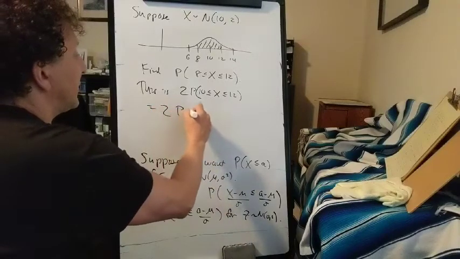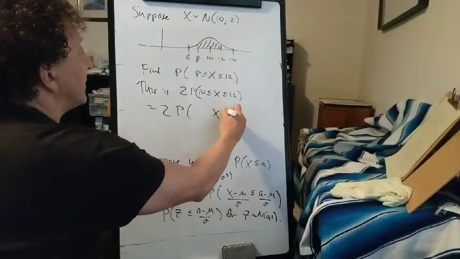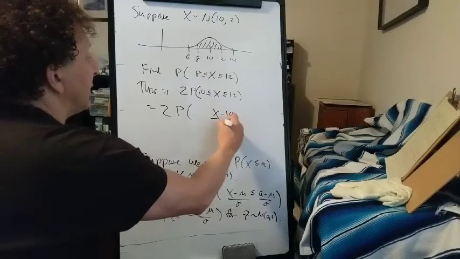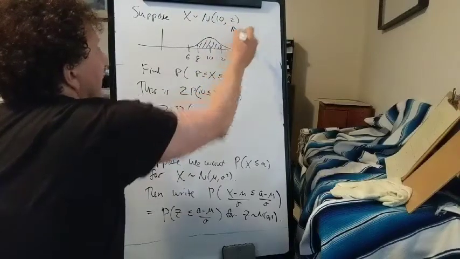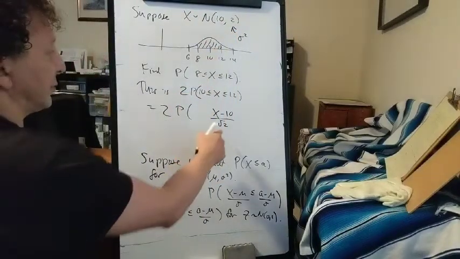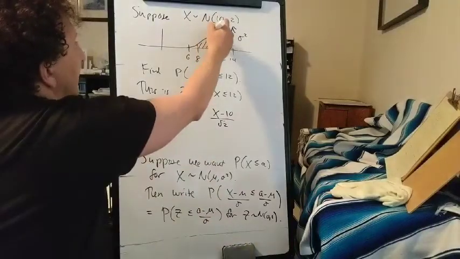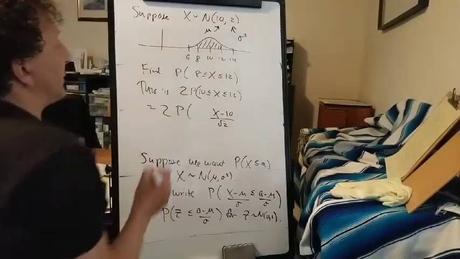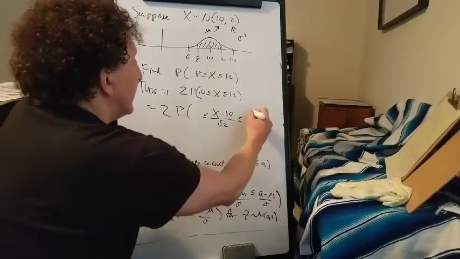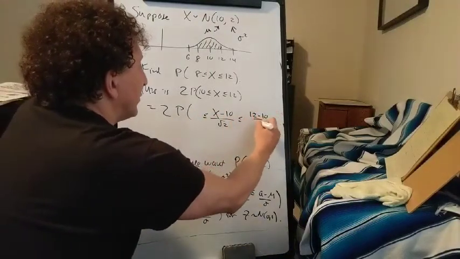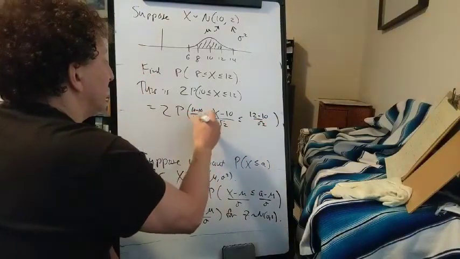Which is 2 times the probability that X minus 10 divided by the square root of 2. So 2 is sigma squared, the variance. We're dividing by the square root of that. And 10 is the expected value, mu. So this is between 12 minus 10 over root 2 and 10 minus 10 over root 2, which is 0.